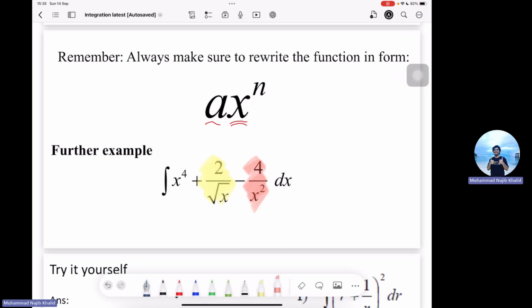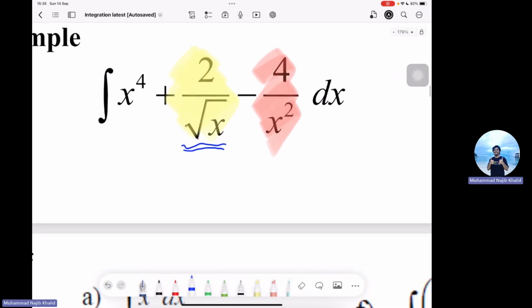Alright, so for the second term, before you use the last week formula, you need to transform this part into ax^n, and you have learned from your pre-cal that this can also be written as 2x^(-1), or 2x to the power of minus 1.